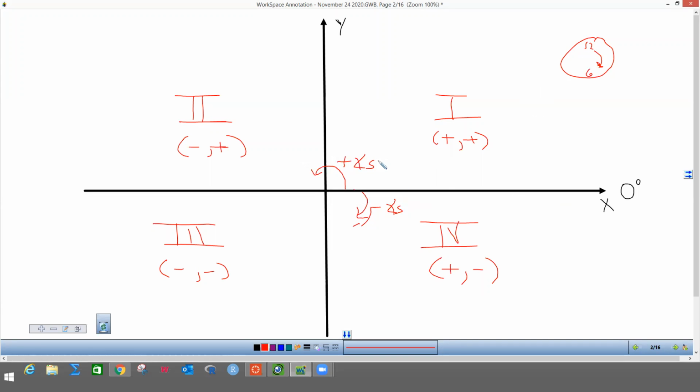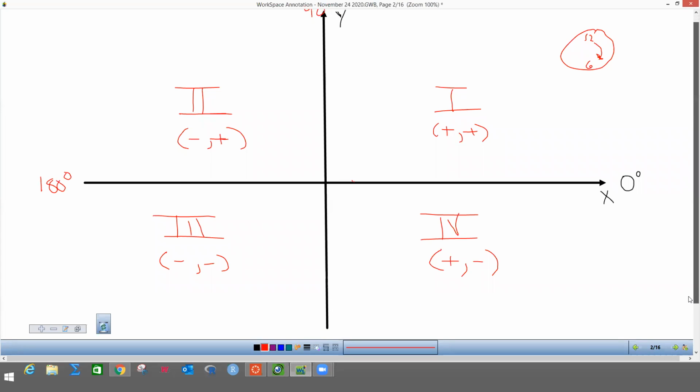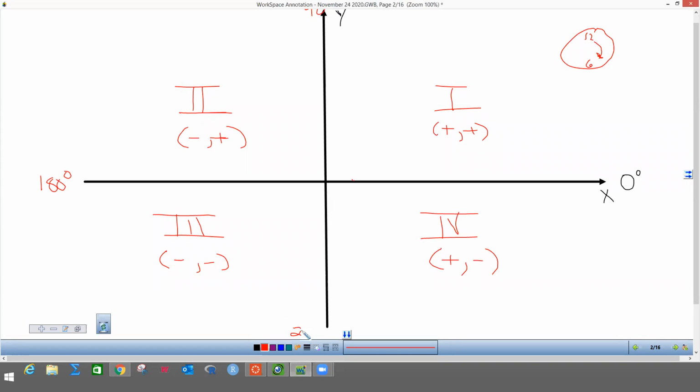Okay, so some things we need to know are, hopefully we know that the x and y axes are perpendicular. So if this is 0 degrees and we get up here, this y-axis is 90 degrees. And then as we go to the negative x-axis, this will be 180 degrees. Down here at the negative y-axis, this is 270 degrees.